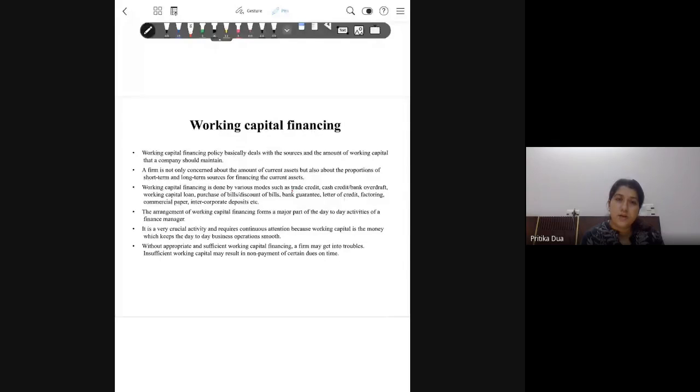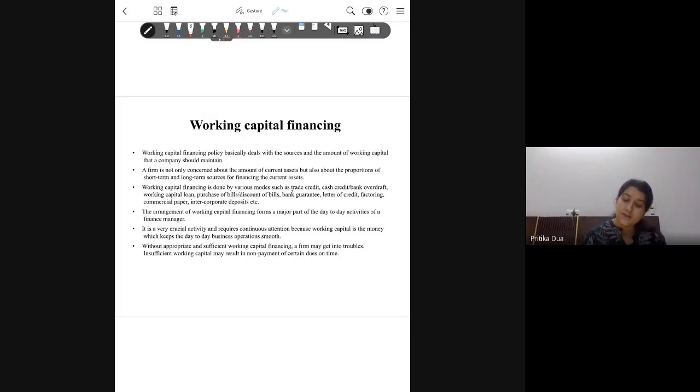Simply, your creditors, the suppliers who supply you raw material on a credit basis, that arrangement is known as trade credit. So for a short period of time, you are being given some credit payment period. You have been given some raw material on credit basis, for which you can make payment at a later date. That becomes the trade credit.